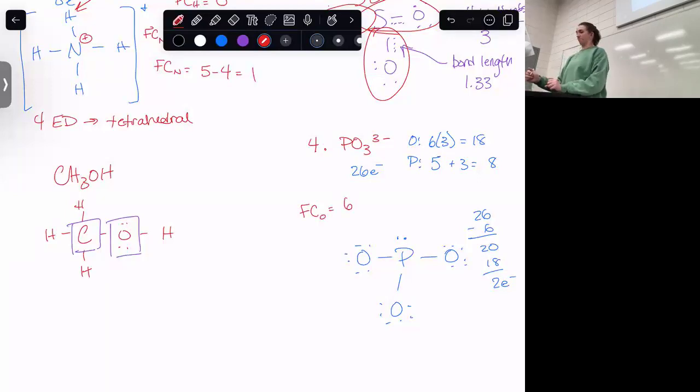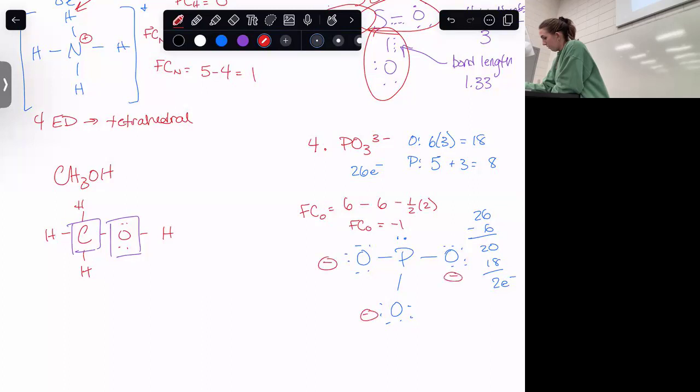How do you get that? 6, perfect. Then you subtract. Also 6. So your formal charge of oxygen is -1. Is that the same for all of the oxygens in this structure? Yes, right. So all these have -1s next to them.